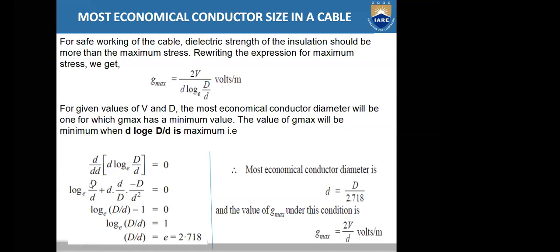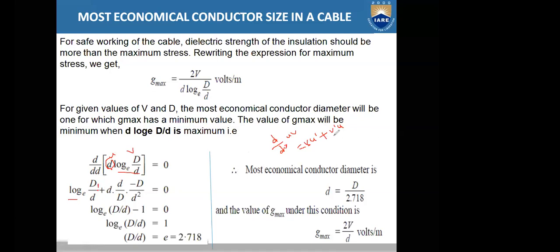So you will have ln D by d plus, then you keep this term as constant and differentiate the other. The derivative of UV is V U dash plus V dash U. This is your U and this term is V. First you keep V as it is, and differentiate d with respect to d, which gives 1.